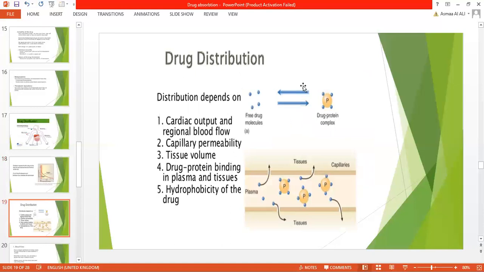Drug distribution depends on many factors: cardiac output and regional blood flow, capillary permeability, tissue volume, in addition to drug protein binding in plasma and drug protein binding in tissue, and also hydrophobicity of the drug. These are some factors that drug distribution depends on.